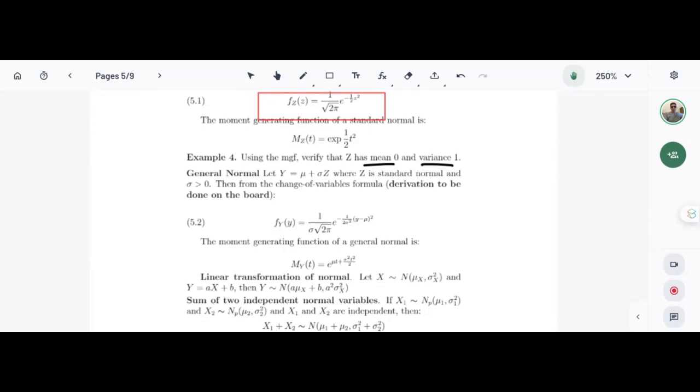So what happens if you have different mean and different variance? What is the general PDF for general normal distribution? It turns out that you can use the transformation trick to get to this probability density function.